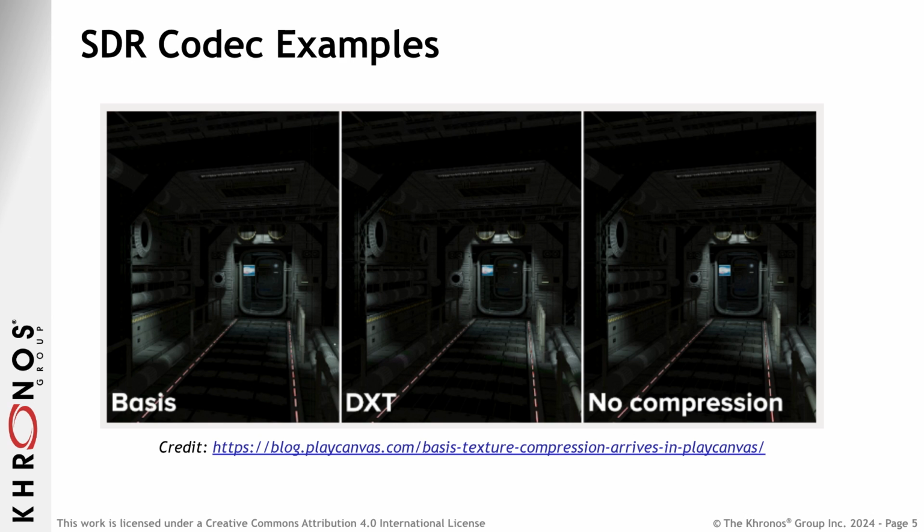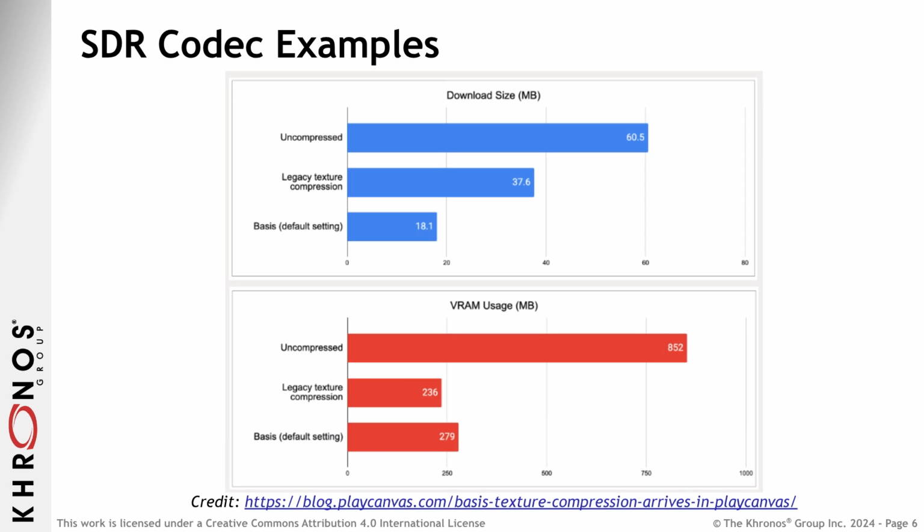So you can see another SDR codec example. This is between DXT. You can see, especially in immersive environments, this is in PlayCanvas, you don't really notice the quality. Our HDR codec is even higher quality than this by far, but you can see there's not a massive quality difference, especially in environments. But there are major compression benefits.